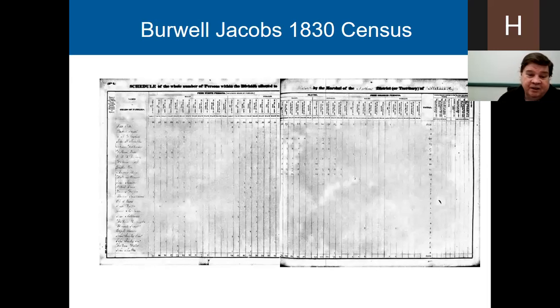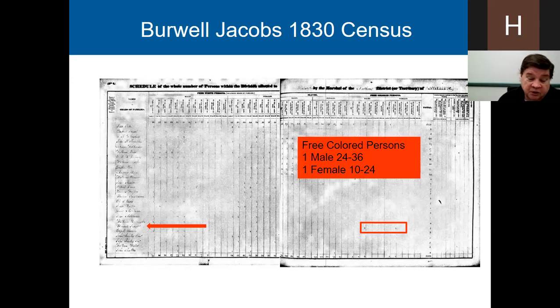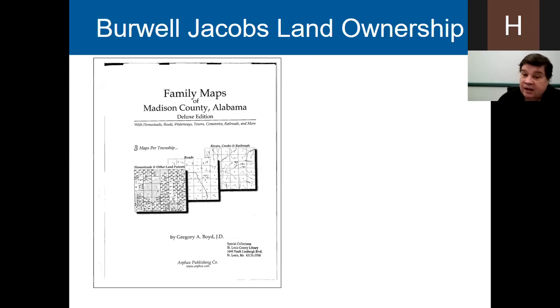Well, this is 1830, and it's the same kind of deal. Listed as free people of color, just one male and one female. So if they're that long, and with the story that we've heard, did they own land? Well, we have a series of books, and that database I showed you is based on these books.